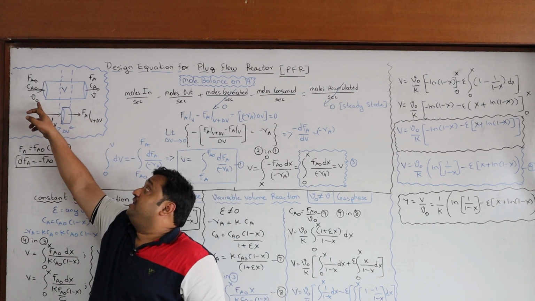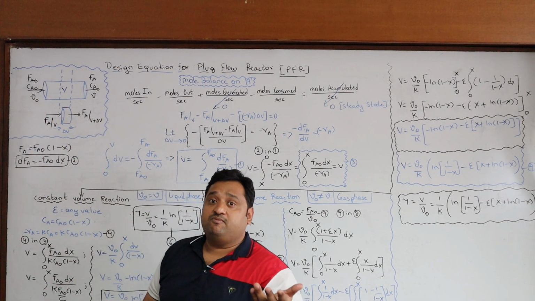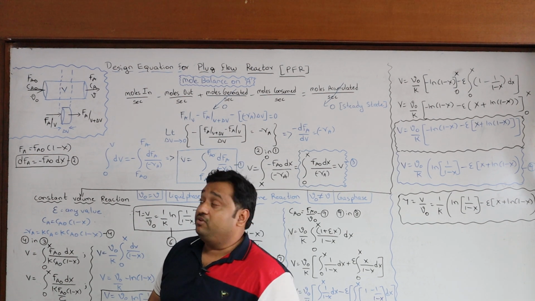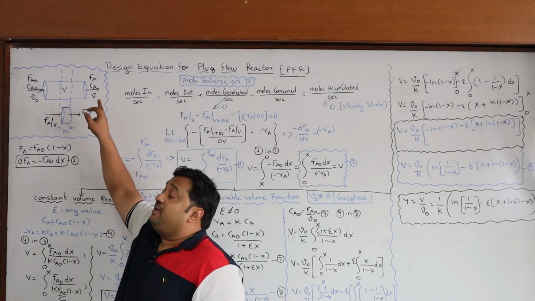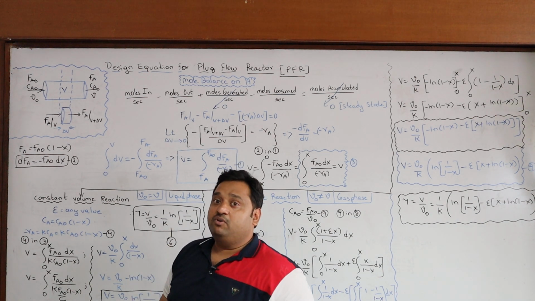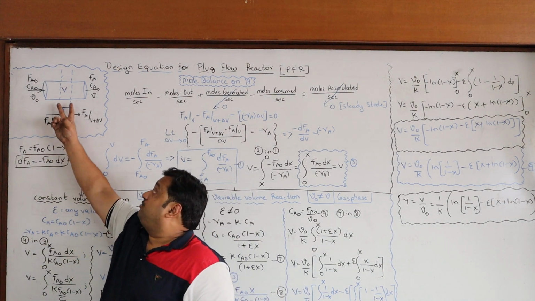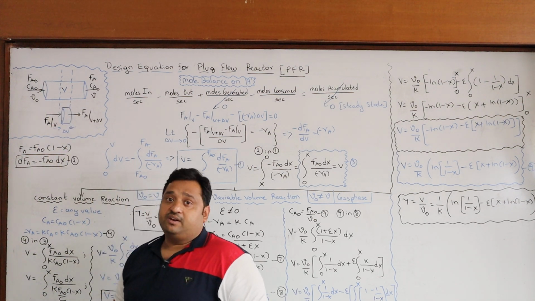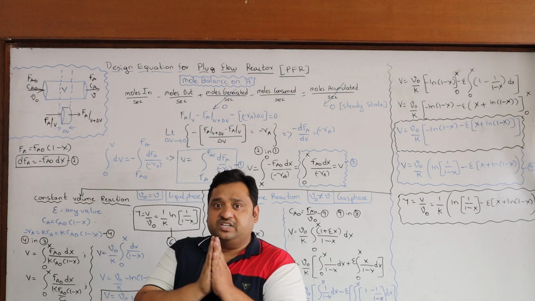If Fa0, Ca0, va0 are the initial molar flow rate, concentration and volumetric flow rate, and Fa, Ca, v are the exit molar flow rate, concentration and volumetric flow rate.